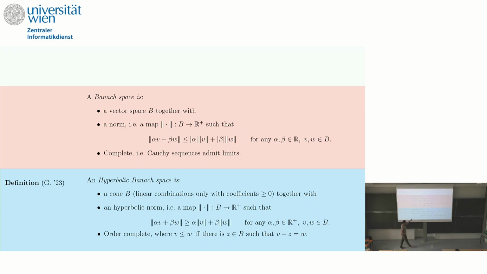So a cone naturally comes with an order structure. I can say that v comes before w if there is z such that v plus z is w. Why not? And order complete means, strictly speaking, that directed sets admit a supremum. That's the correct definition. If you want to think about an increasing sequence, it must have a limit. So that's a good enough proxy for today.